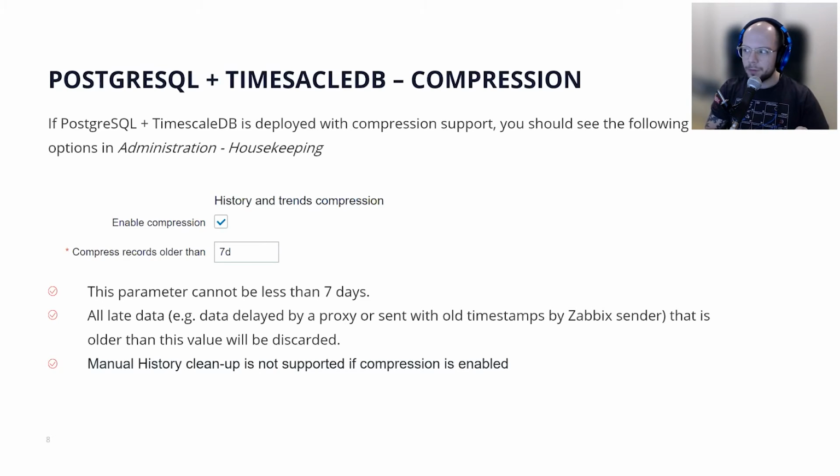But if you wish to jog your mind a little, try to figure out why on your own. It's a fun little exercise. What would happen if we were to store older data, older than 7 days, that should be compressed already? How would we store it and what issues arise? Try and figure that out. And unfortunately, manual history cleanup is also not supported if compression is enabled. So you cannot just select a couple of items and clear them out.